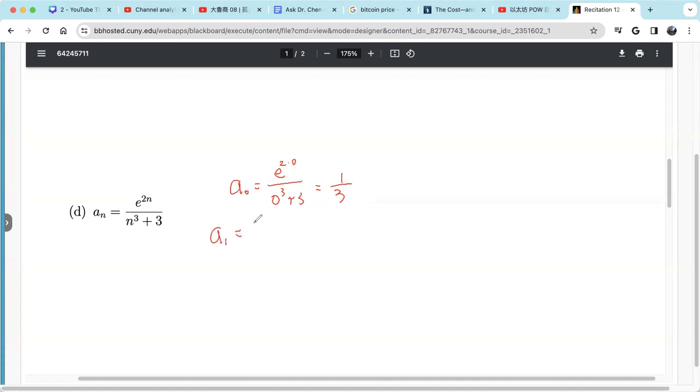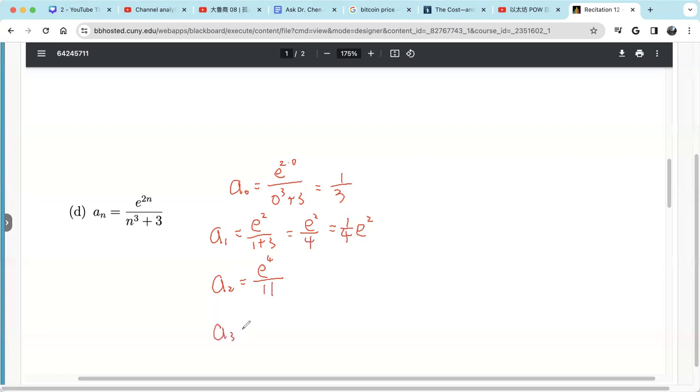Second term, A1: E raised to 2 times 1, this is 2. Then 1 raised to 3 is just 1, 1 plus 3. So we have E squared over 4. Sometimes we write it as a quarter of E squared. It doesn't matter which way you write it. Third term, A2: E raised to 2 times 2, which is 4. In the denominator, 2 raised to 3 is 8, 8 plus 3, we get 11.